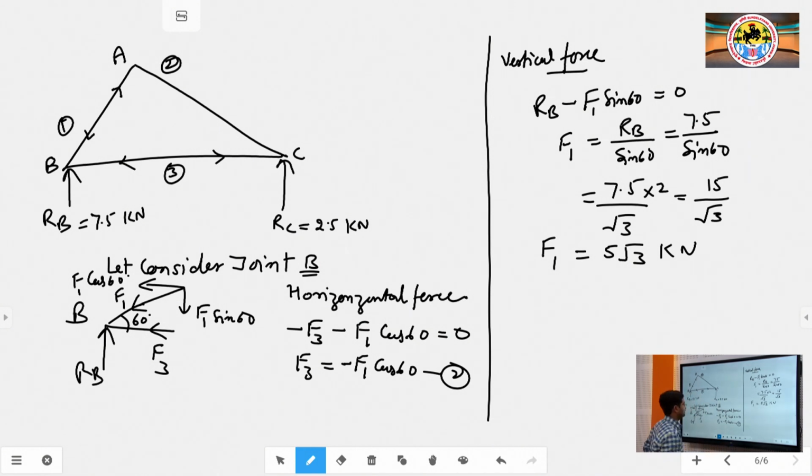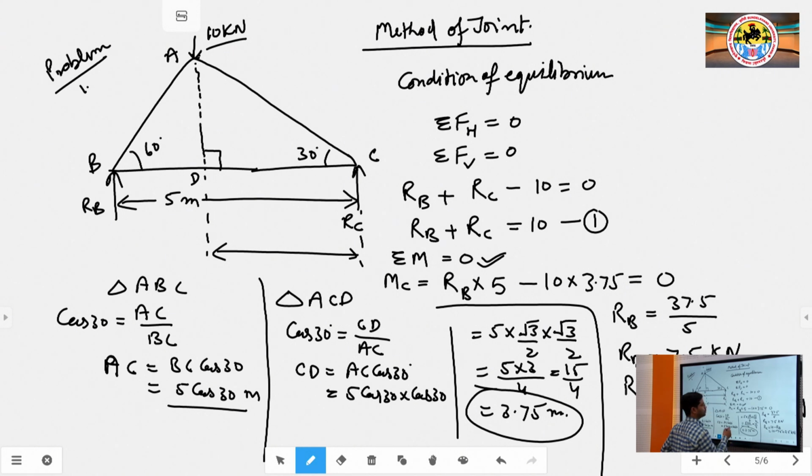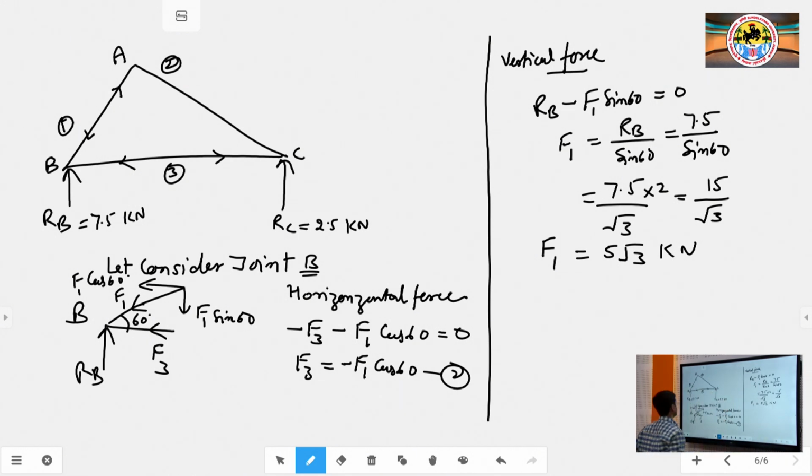So, in this way we have calculated F1, and from equation number 2, putting this value, you can also find the value of F3. So, 5 into root 3 into cos 60.